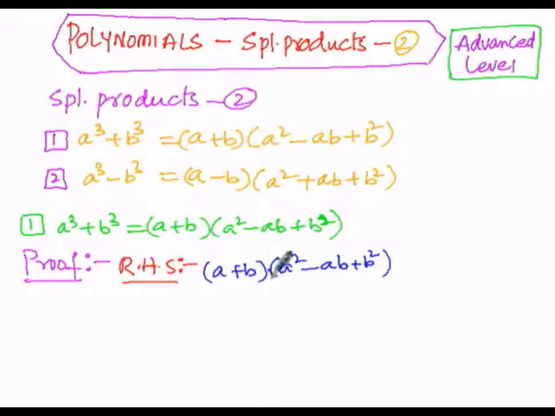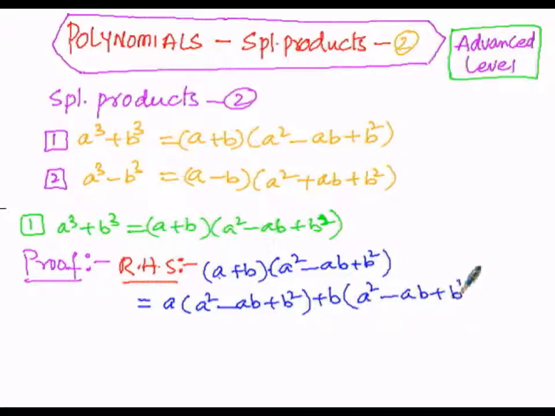We have to find the product of these two algebraic expressions. The second expression completely, a square minus ab plus b square, must be multiplied first with a, then later with b. So a, the first term of the first expression, multiplies the entire second expression, and then the second term, b, multiplies the entire second expression a square minus ab plus b square.